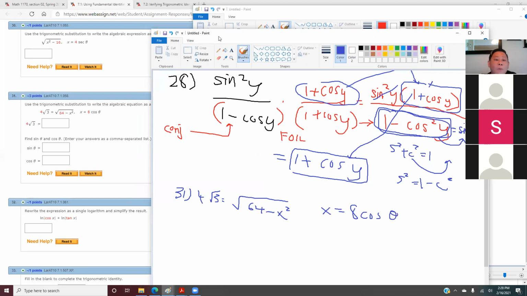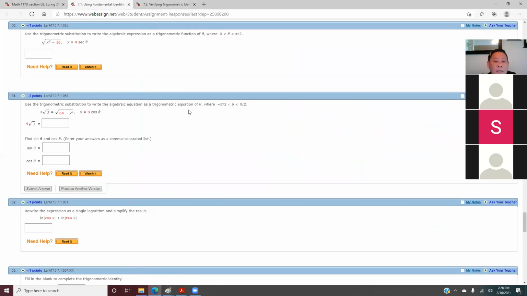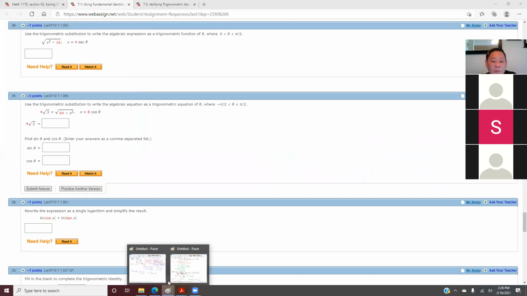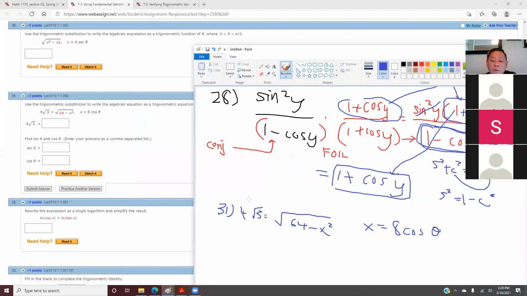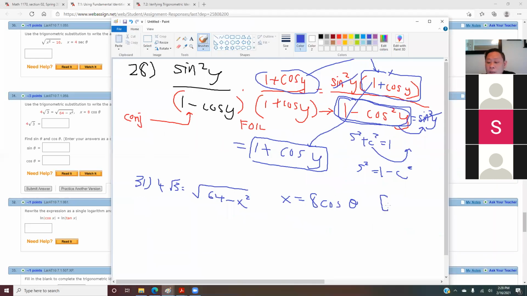You need to figure out what this is. And theta in this case is between negative pi over 2 and pi over 2, just in case we forget about that. Can someone tell me what quadrant this is? Negative pi over 2 to pi over 2, what quadrant is this?